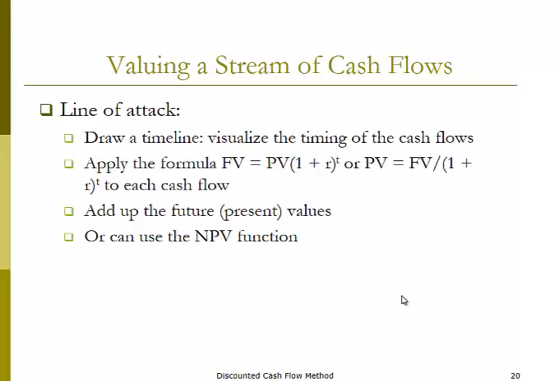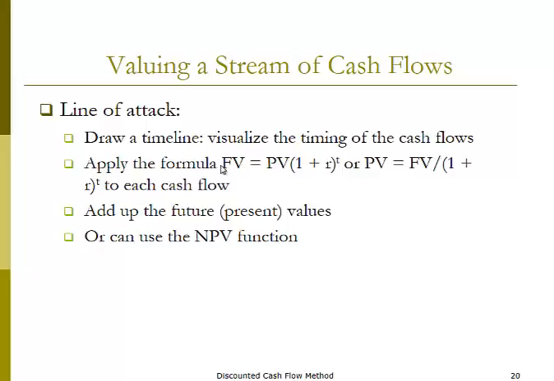So the approach for a stream of cash flow, in the general case when payments are not necessarily equal, you want to start with drawing a timeline. This is optional, but oftentimes you will find it very useful to help you understand and visualize the timing of the cash flows.